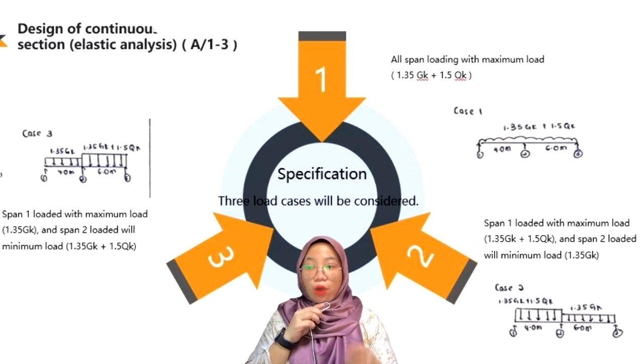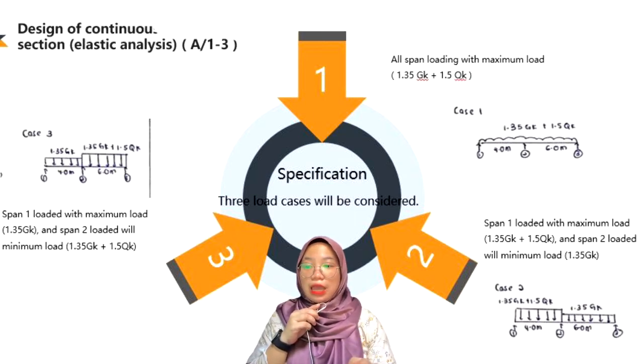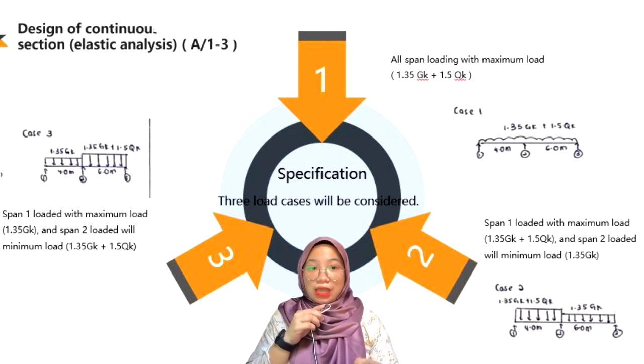Second, span 1 loaded with maximum load 1.35 GK plus 1.5 QK, and span 2 loaded with minimum load 1.35 GK. And the third is span 1 loaded with minimum load 1.35 GK, and span 2 loaded with maximum load 1.35 GK plus 1.5 QK.